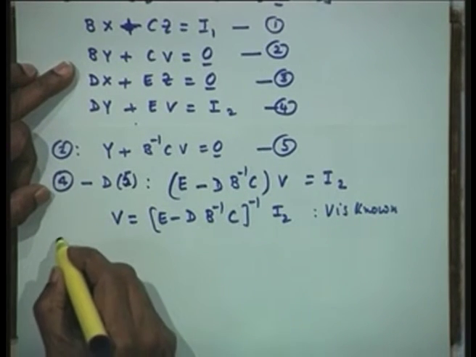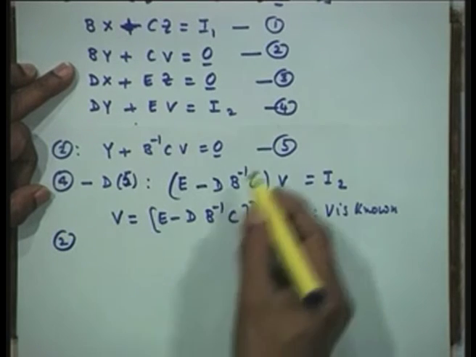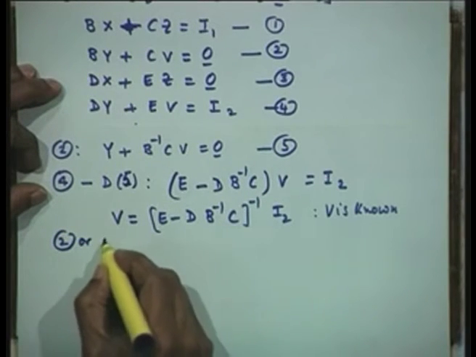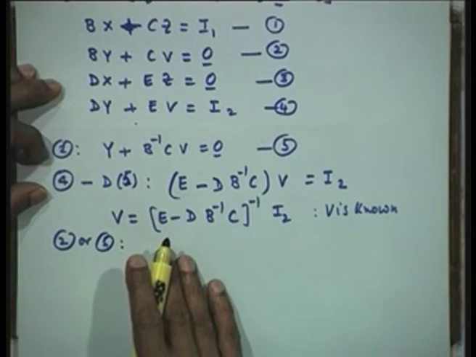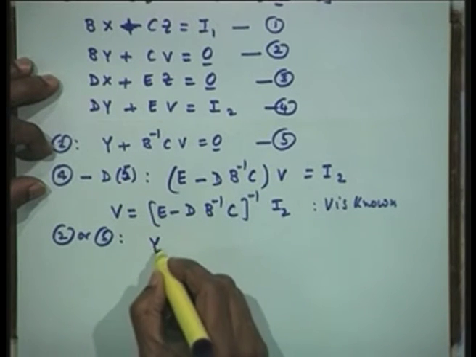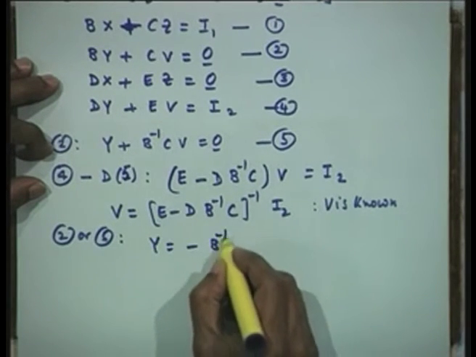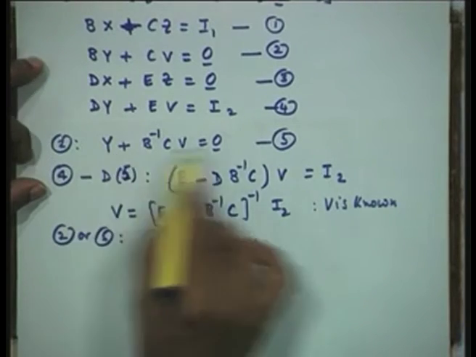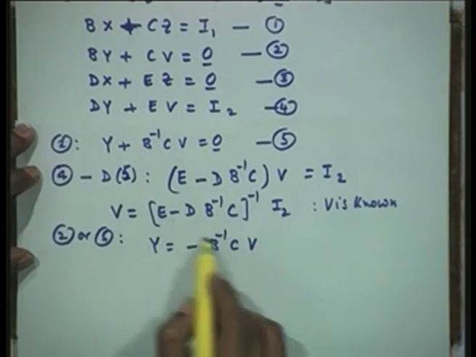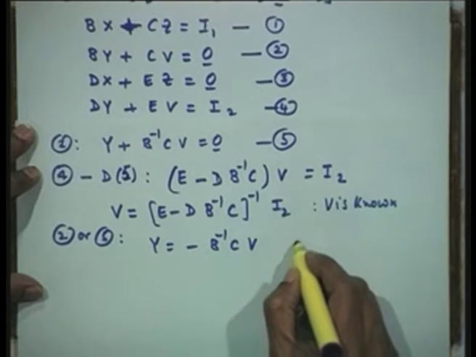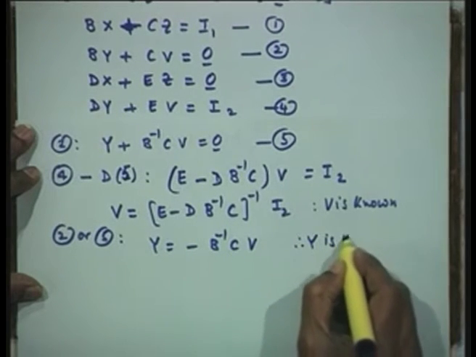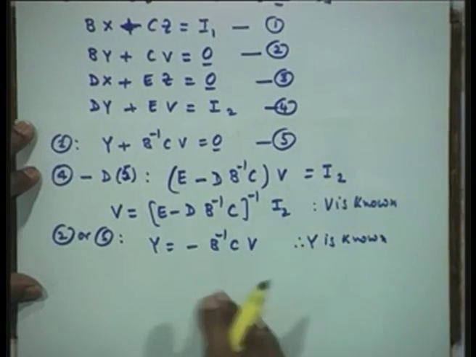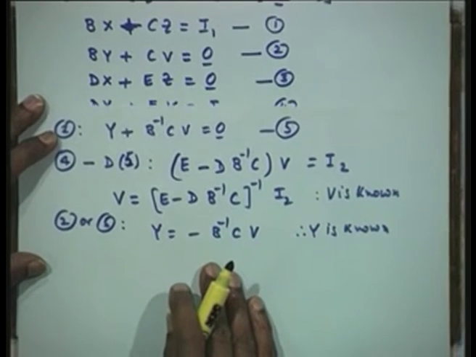Now let us go to 2 or 5. Since V is known, y is equal to minus B inverse C V. From 5, y is equal to minus B inverse C V, therefore y is known.